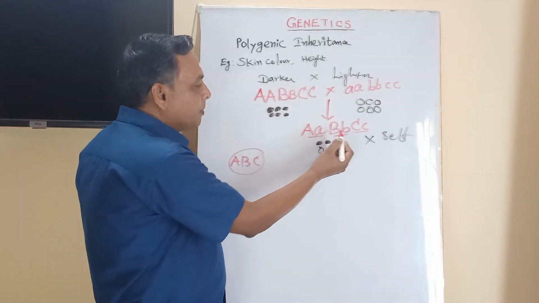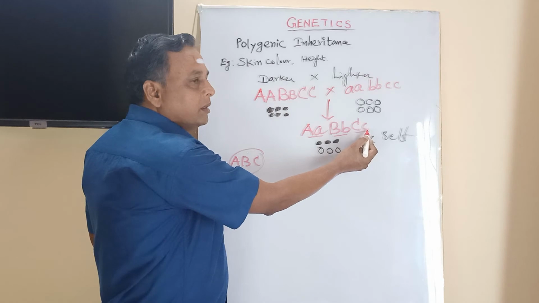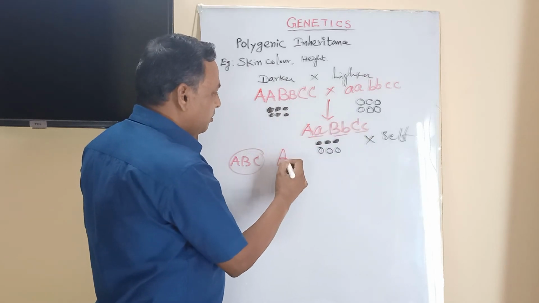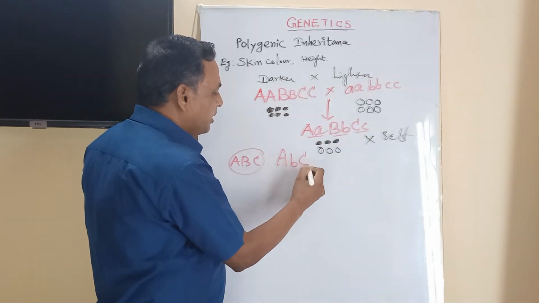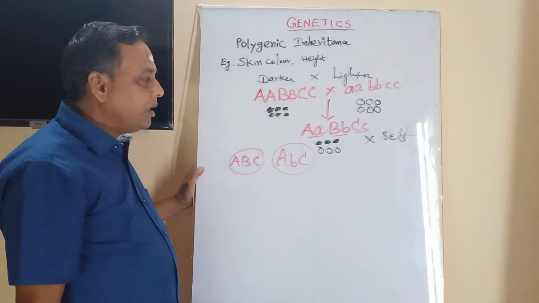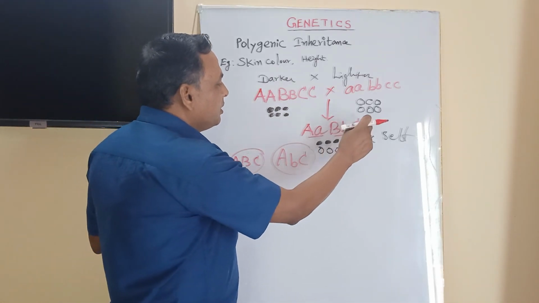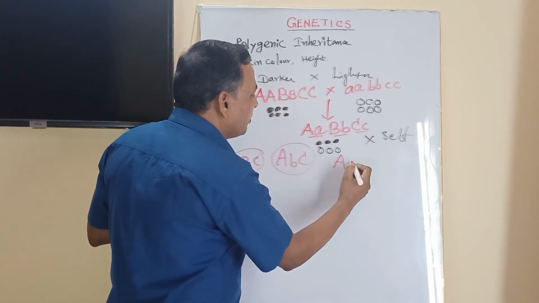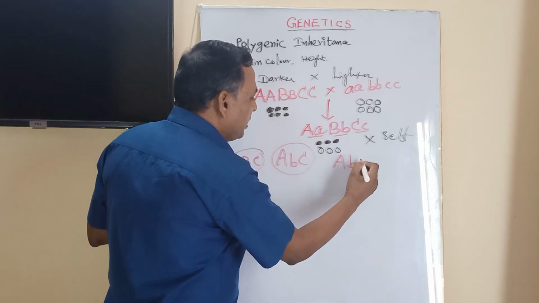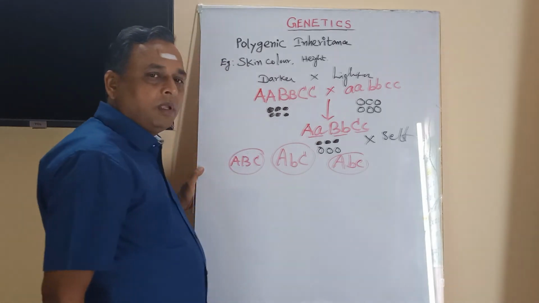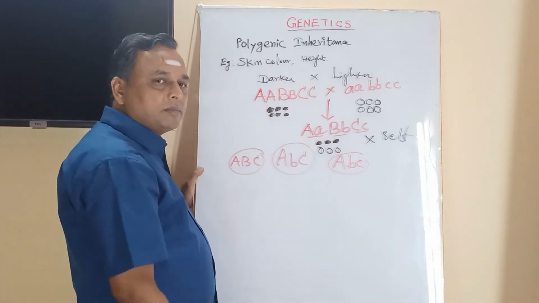Capital A, small b, capital C. Another, capital A, small b, small c. Like that, you will get 8 gametes.